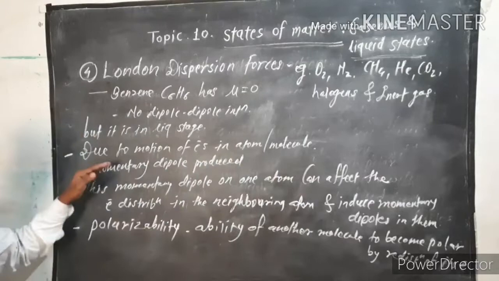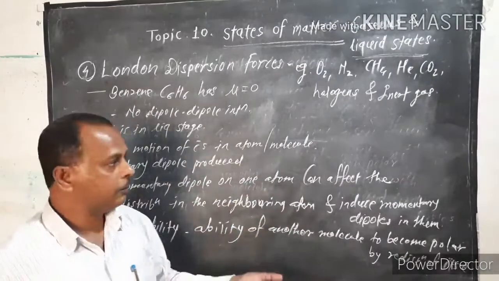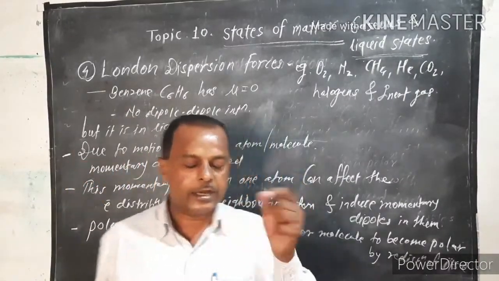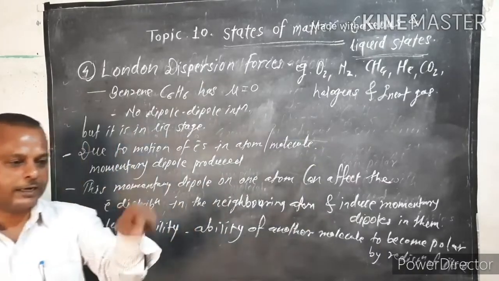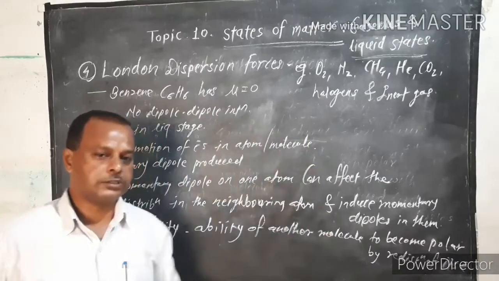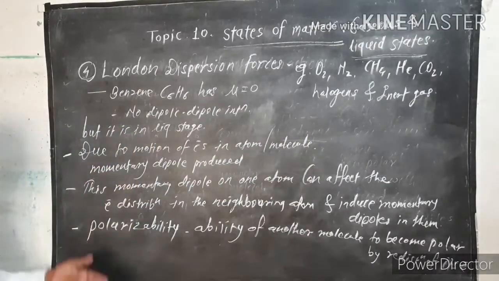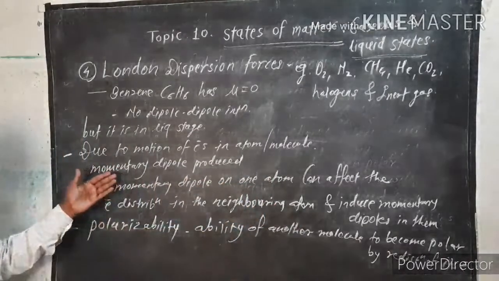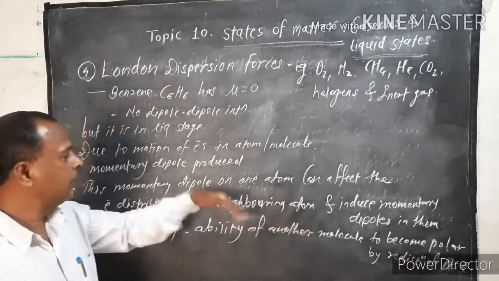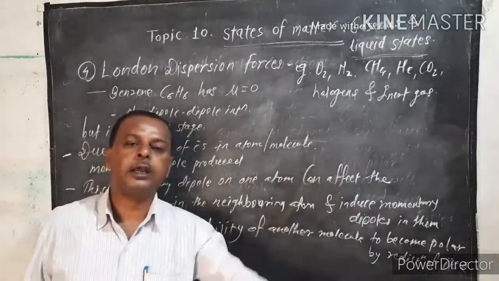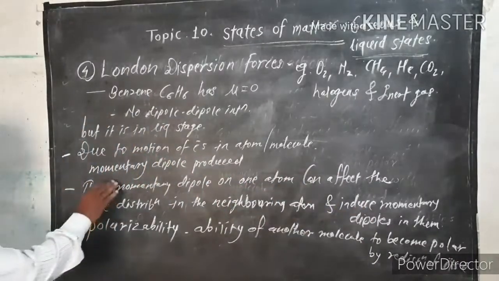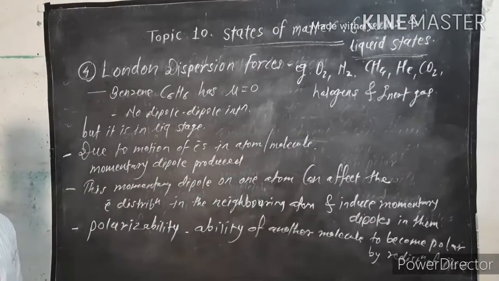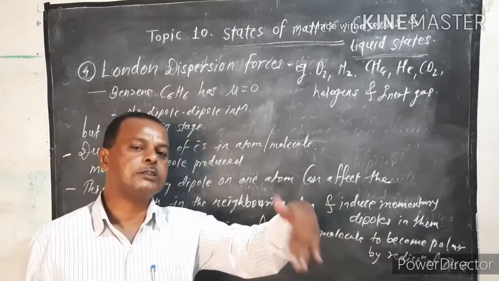Do you know that in an atom there is a central nucleus, and electrons revolving around that nucleus? Due to the motion of electrons, a temporary dipole moment is created. Okay, a temporary dipole moment is developed. So that is a momentary dipole moment. Here a momentary dipole is produced, which is also called an instantaneous dipole moment.